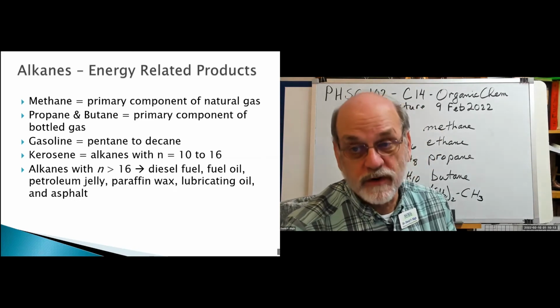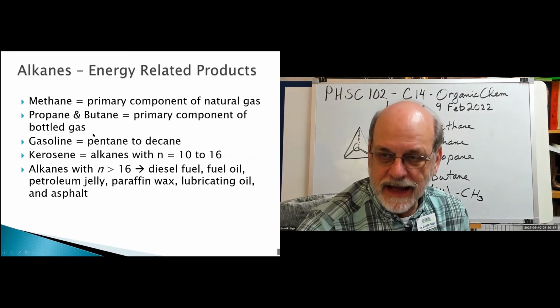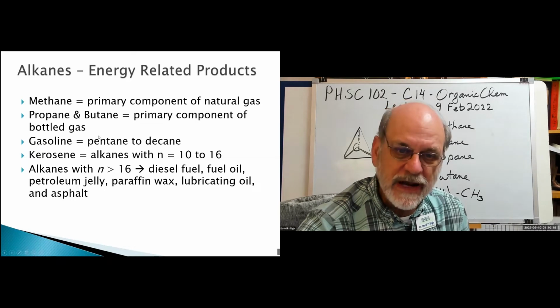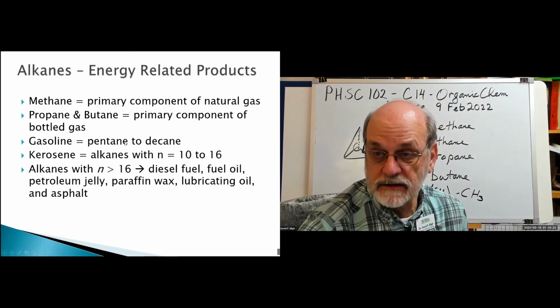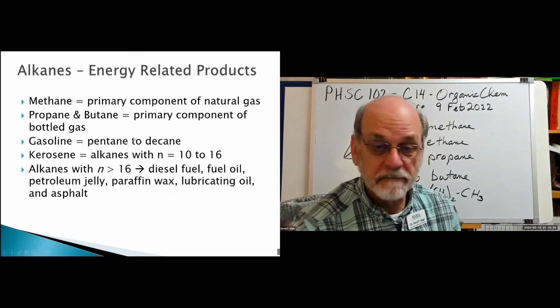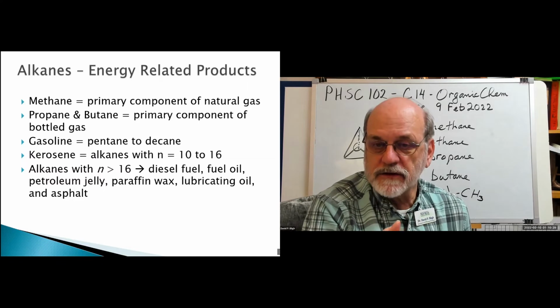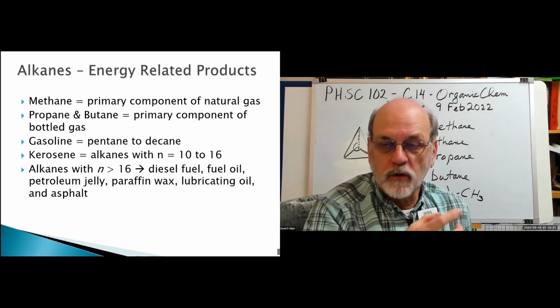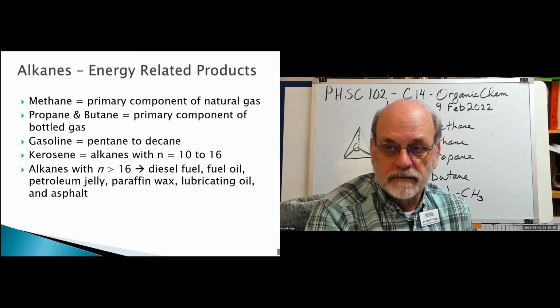In fact, it's more than just alkanes. But the primary alkane in gasoline is octane. But you can have a mixture of pentane, some hexanes, heptanes, octanes, nonanes, decanes. And those blends of these compounds are specific for regions of the country and for times of the year.